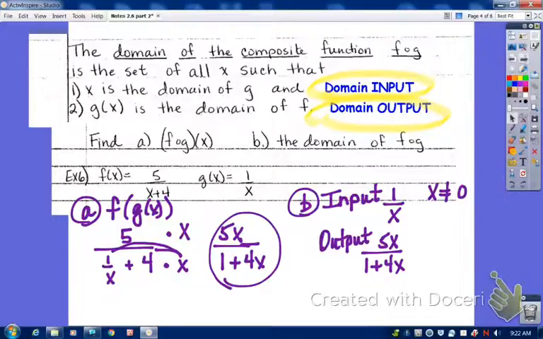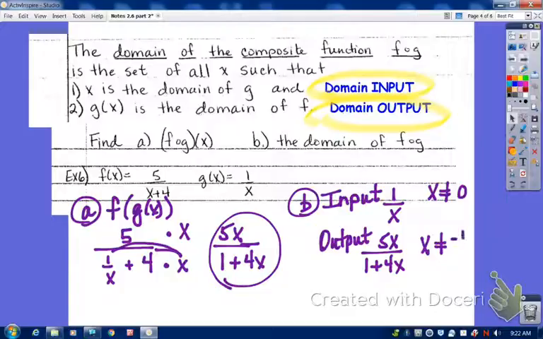You got to think a little bit hard about what can x be that multiplies times 4 that adds to 1 that gives you a big fat 0 in the bottom. There is something that x cannot be. Negative 1/4.